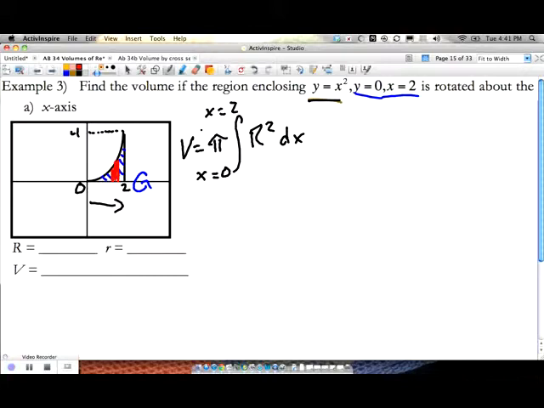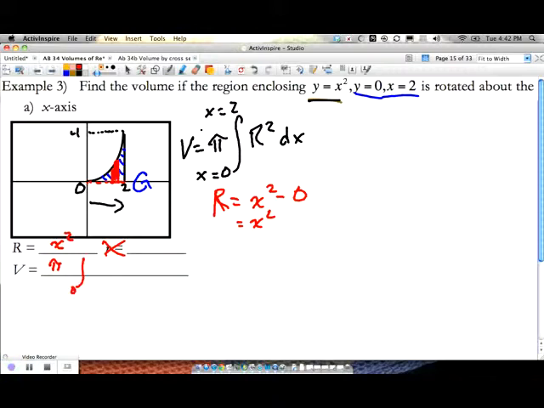Well, how far is it for this large radius? It's from that curve edge down to the x-axis, so R is going to be x squared minus that axis of rotation, which is 0, so it's just x squared. We don't need the little r, so we have big R equals x squared.